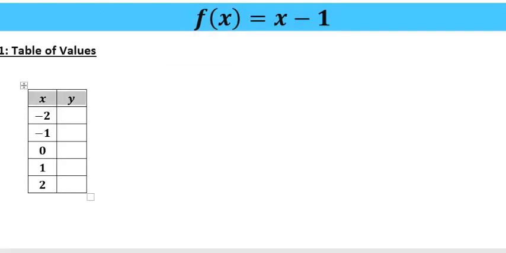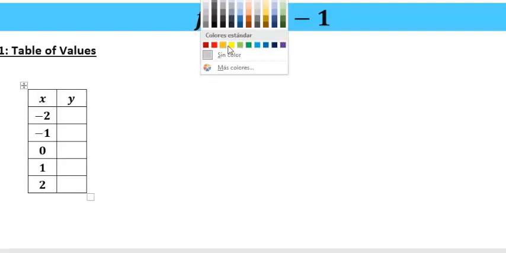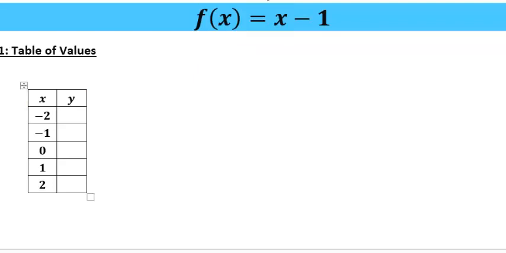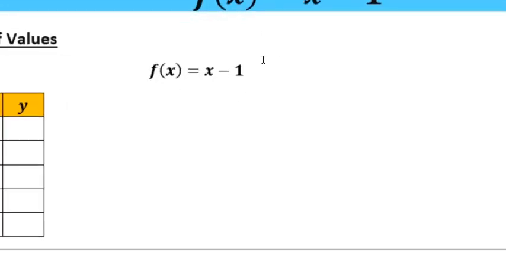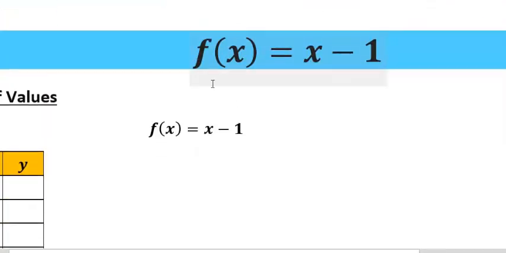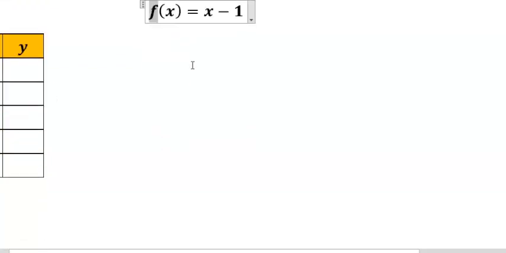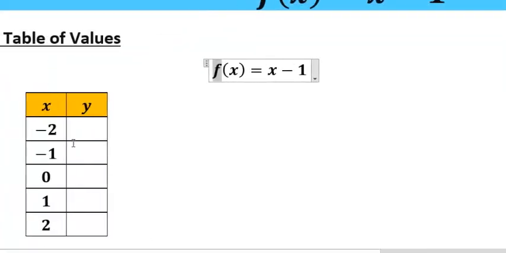Okay, I'm going to color this. Use this color. So I'm going to use the exercise formula. I'm going to copy the formula, that is f(x) equals x minus 1. So what I'm gonna do is use each one of these x's in the formula.